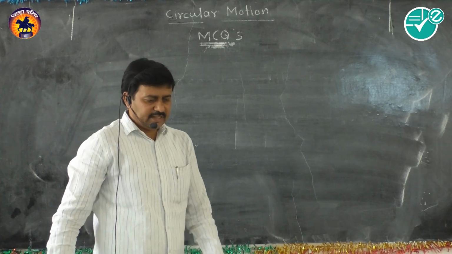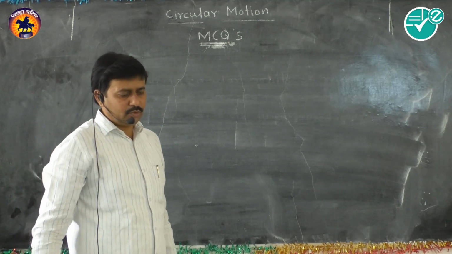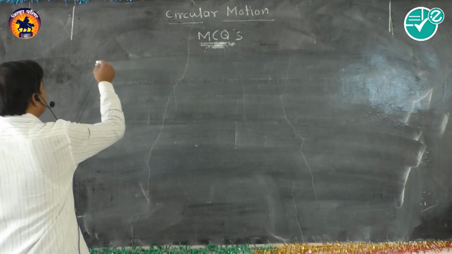The next MCQ is: the angular velocity of a geostationary satellite is.